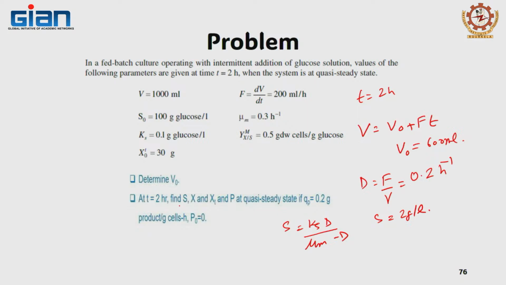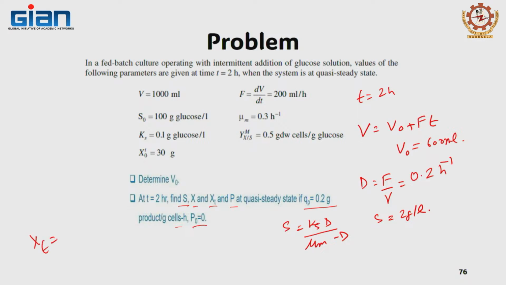It is asking you to find S, X, X t and P at quasi steady state if Qp is given as 0.2 grams of product per gram of cells per hour, and P naught is 0. There is no product at time t equal to 0. I have found my S, and I need to find my X t.